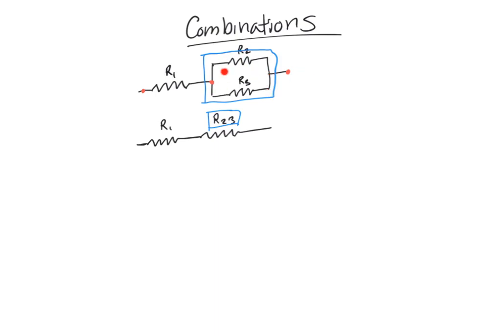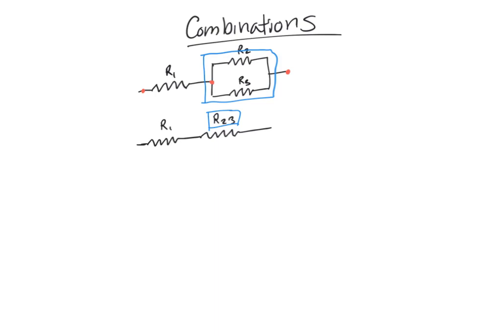So there's going to be some fuzzy business going on inside of here, but as a whole, R1 is in series with this entire piece of our circuit. So the easiest way to analyze it is compute the equivalent resistance, rewrite it as a simple series circuit, and now you can do all the analysis you want.